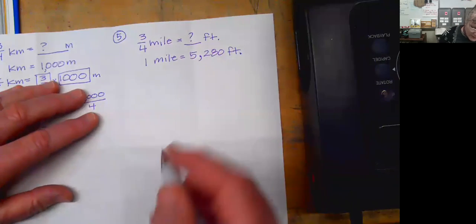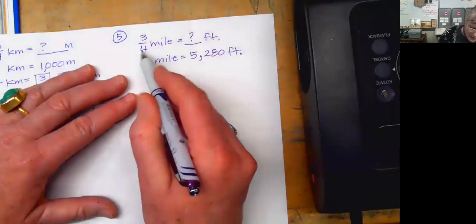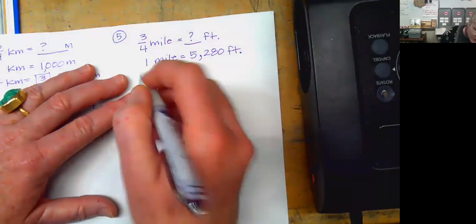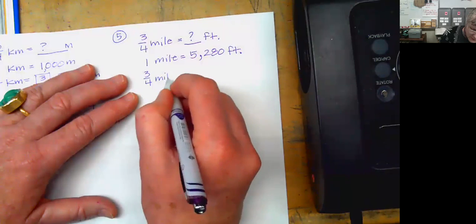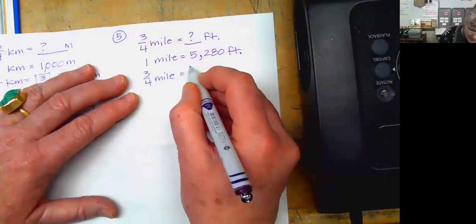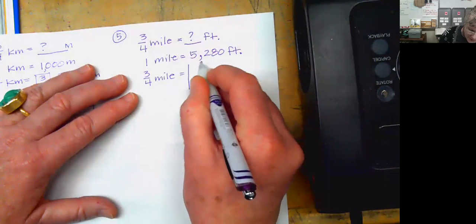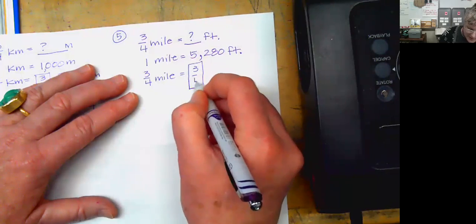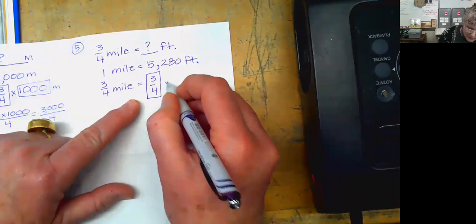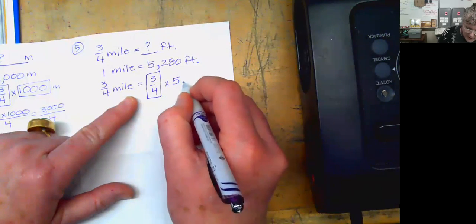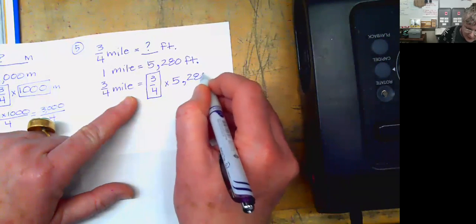So now what I'm going to do, if I want to have 3/4 of a mile, that means I'm going to take 3/4, right? When you see the green box and it's vertical, you know that it's going to have a fraction in it, and we're going to multiply it by 5,280 feet.